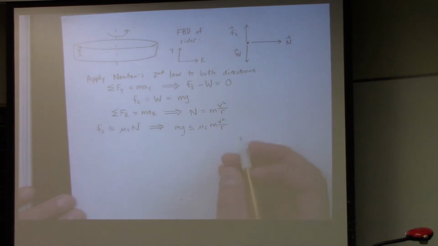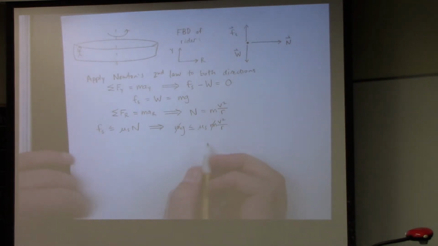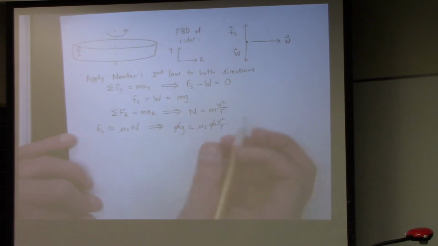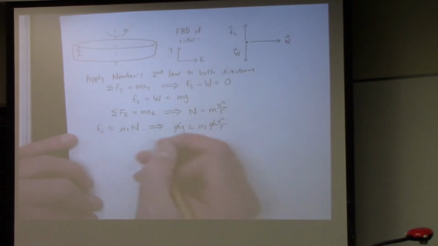And notice something that happens. The mass drops out. And then we have an inequality which involves v, how fast the rider is moving. So if we do two things, we multiply through by r to get rid of it on this side, and we divide through by mu s to get rid of it on this side, the inequality now looks like this: v squared greater than or equal to g times r divided by mu s.